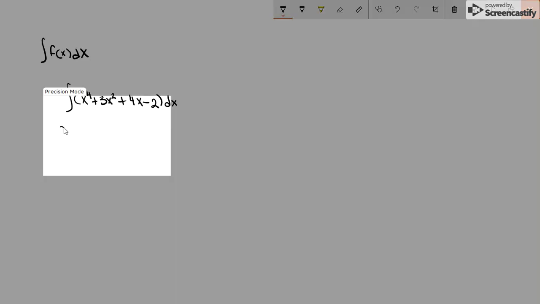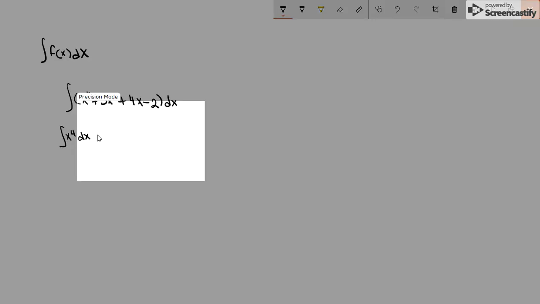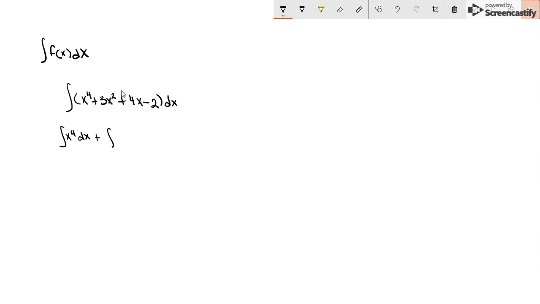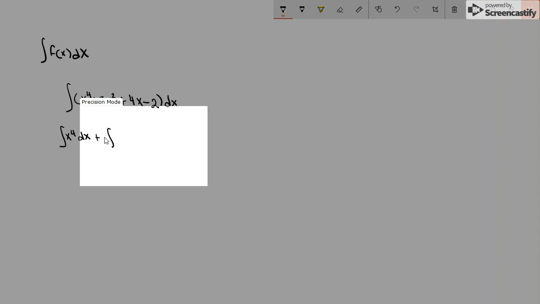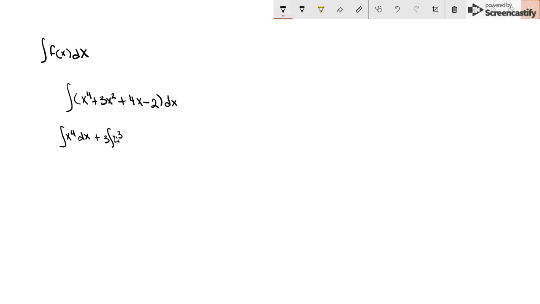So we'll do the integral of x to the fourth dx. And then plus the integral. And you see how over here there's a 3x squared? You could take the constant out because it's a constant, and you don't really need it to do an integral. So 3, and then this will be x squared dx. Oh, I'm sorry, x squared.